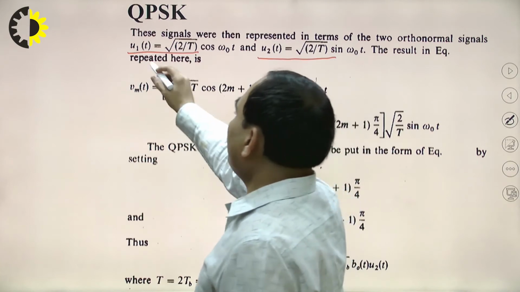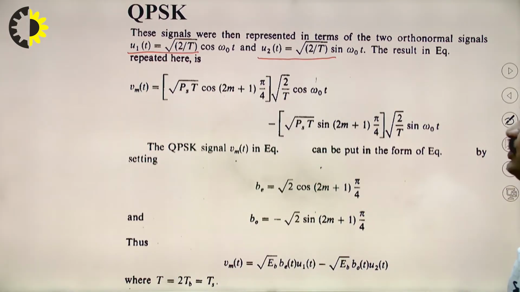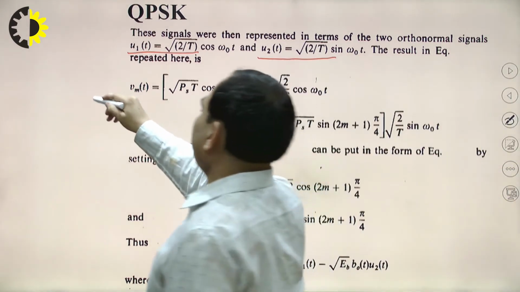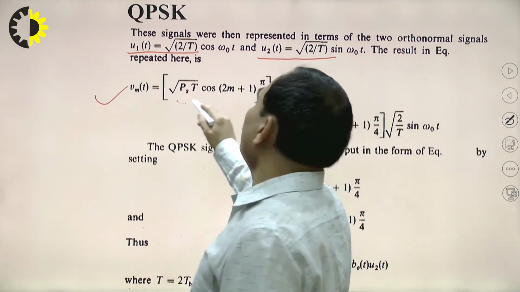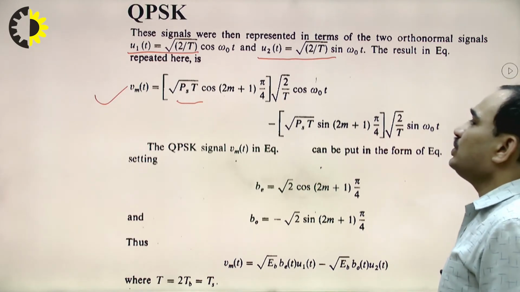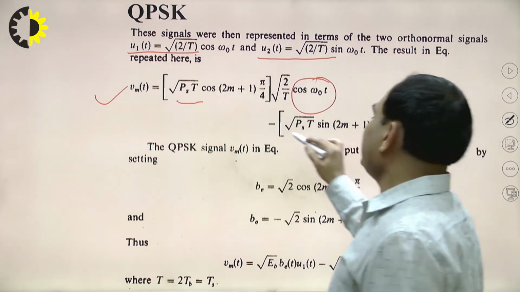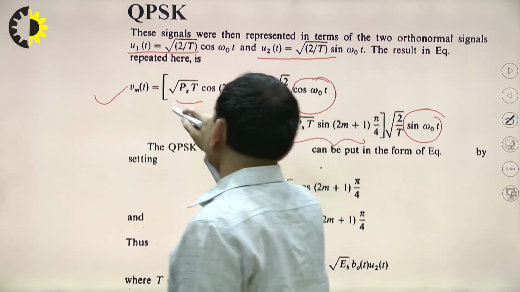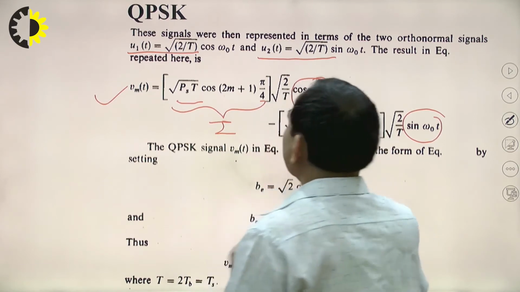So here we have U1(t) equals under root 2 by T cos of omega naught t, U2(t) equals under root 2 by T sine of omega naught t. So we can write the final expression of voltage, that is under root Ps cos of (2i plus 1) pi by 4, under root, that is the cos function, and this one is the sine function, and these are the representation of the in phase and the quadrature phase signal. So this is I and this is Q.